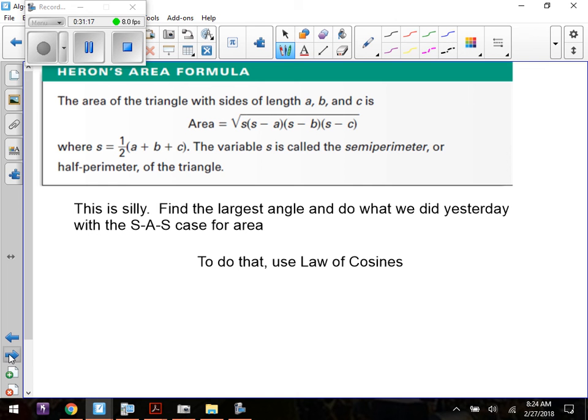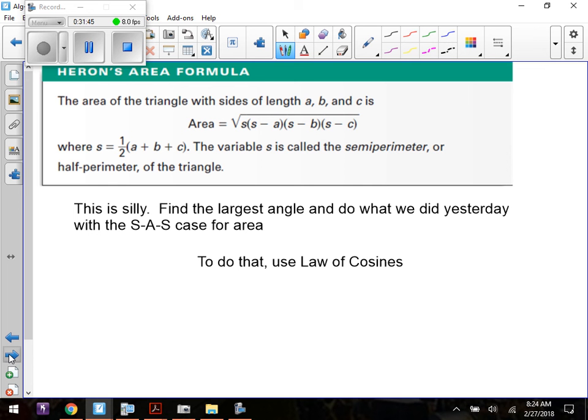Yeah, I would do that because whenever you use law of cosines, when you have three sides, you're always going to find the largest angle. And then that will give you a side angle side case. And it's a lot faster to do it that way than to figure out all this stuff. This is a pain in the butt. It's stupid. No offense, there's nothing wrong with Heron. I think he was a cool guy. But I would never use this because it takes too long.